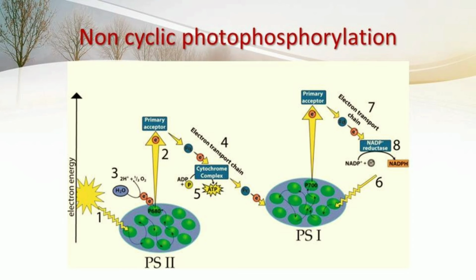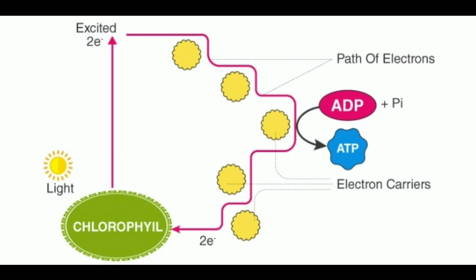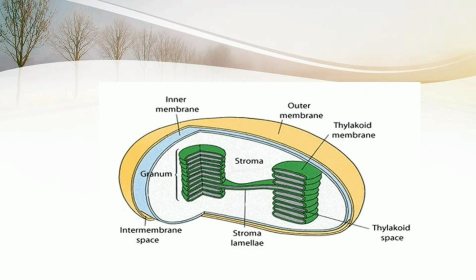The other one is cyclic photophosphorylation. So where does this non-cyclic photophosphorylation take place? It is in the thylakoids. And to be very specific, this photolysis of water takes place in the inner membrane of thylakoids.